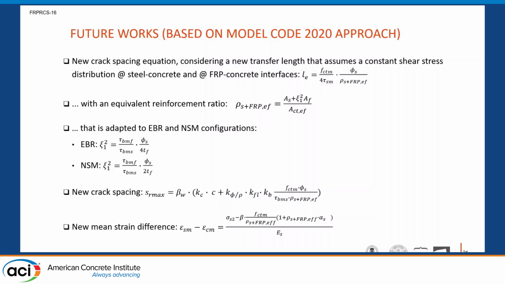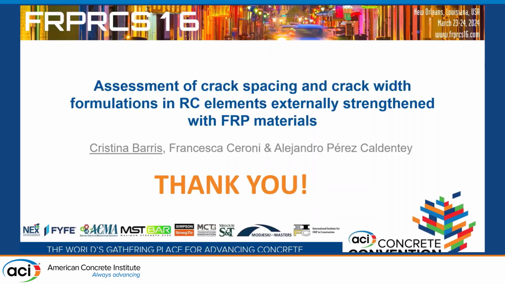This means that if we do the equilibrium, we will have to take into account the perimeter in contact between the FRP and the concrete, and of course we will have to have one coefficient for EBR, another for NSM, and another if we have another kind of perimeter. Then with that, and based on the Model Code 2020 approach, we will have the new crack spacing and the new mean strain difference. So I don't know if I went too fast.